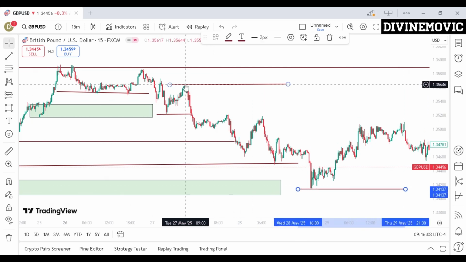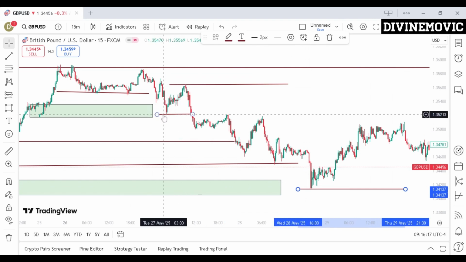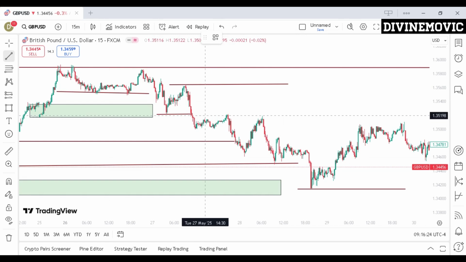From this point to this point is simply one long movement, because price did not give us a reasonable retracement since price took out this particular low, or since price gave us a what? A change of character. What this means is that this point becomes an incomplete pullback or an inducement.